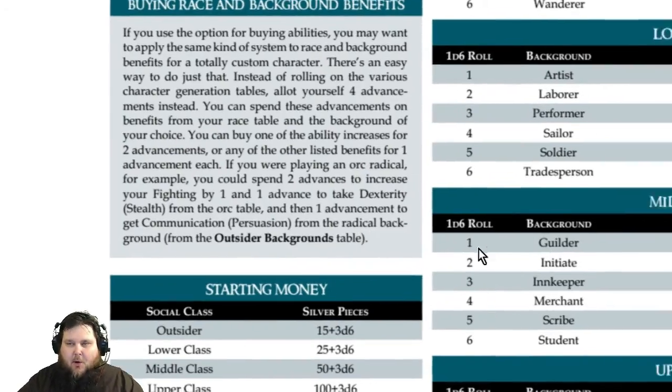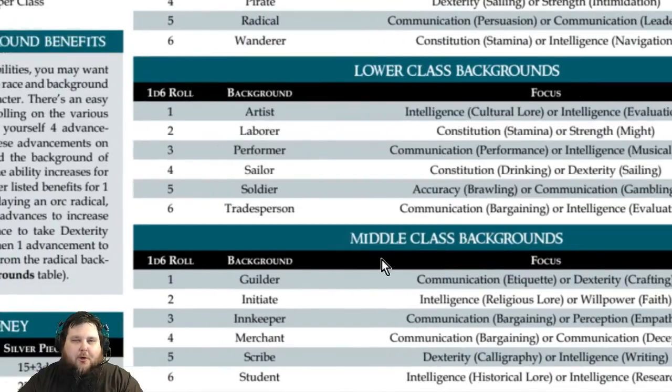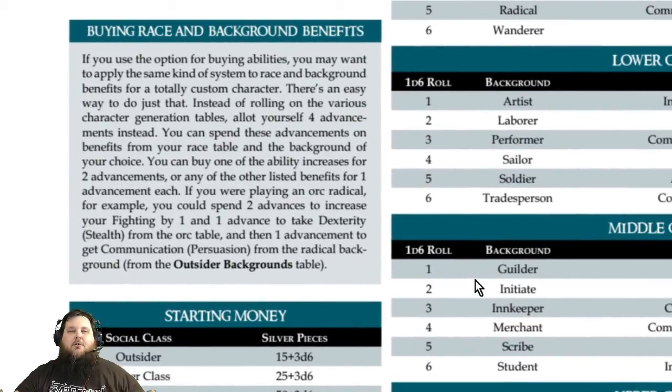Then you come over here, say you're going to be a noble. Then you would spend your last point on one of these 2. So basically, you're not getting any more or any less. You just have the freedom to choose what you want. So this is how buying your race and background benefits works.